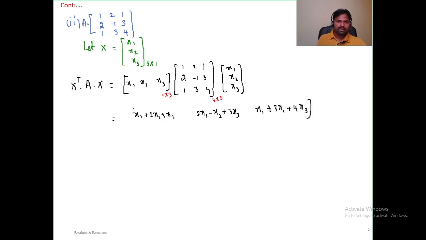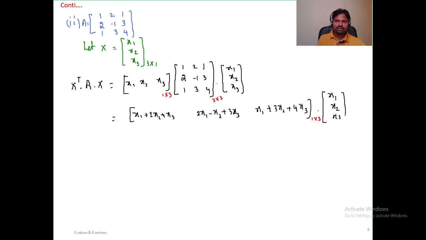So this is the matrix of order 1 by 3, 1 row 3 columns. This matrix order no need to write, I am just explaining for better understanding. And here the column vector is x1, x2, x3.